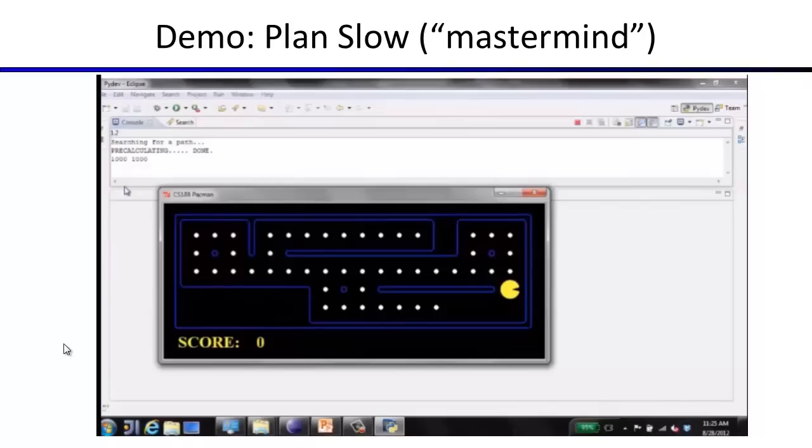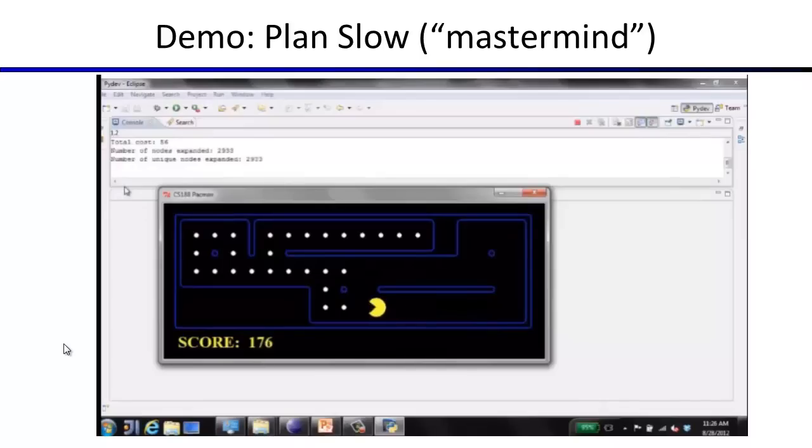It's testing out different sequences of actions, seeing what the consequences would be. It's tried 1,000 nodes so far, 2,000. Still thinking. Now it found a plan that it knows is the optimal way to clear the board, that is clearing with the minimal number of steps. Here it is with a score of 914.